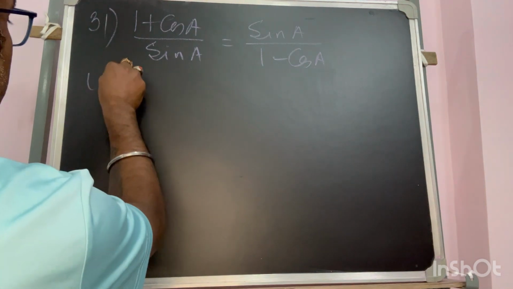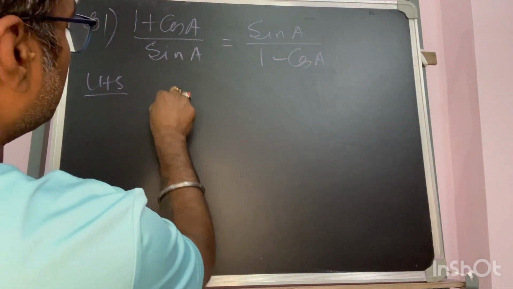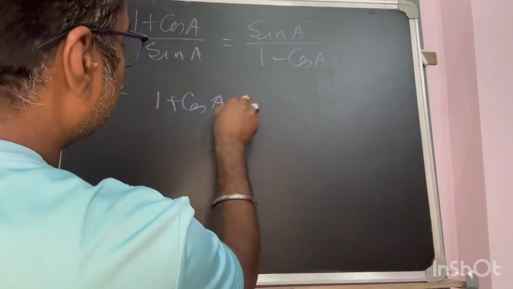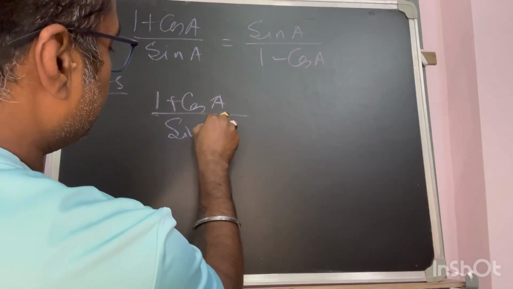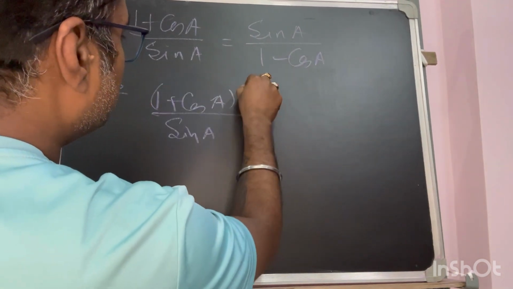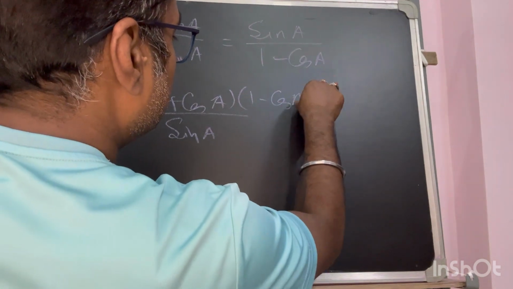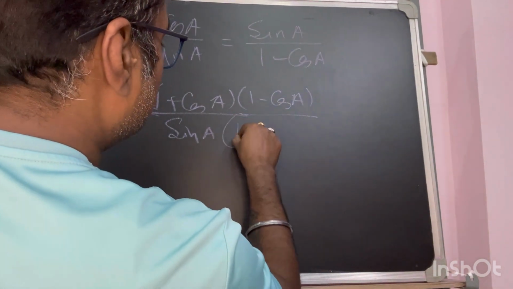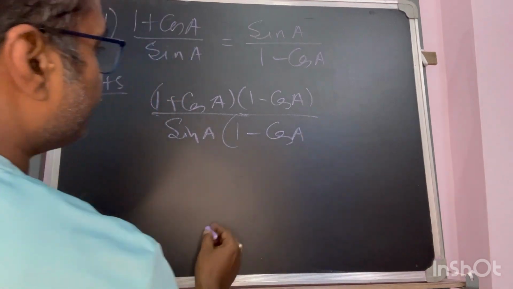So let me start with the left hand side. 1 plus cos A upon sin A. So I will do multiplication with the conjugate in the numerator and denominator.